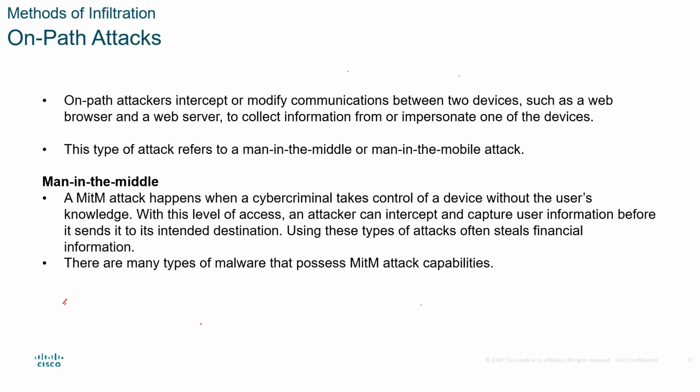The man in the middle attack happens when a cyber criminal takes control of a device without the user's knowledge. With this level of access, an attacker can intercept and capture user information before it is sent to its intended destination. These types of attacks often steal financial information, and there are many types of malware that possess man-in-the-middle capabilities.